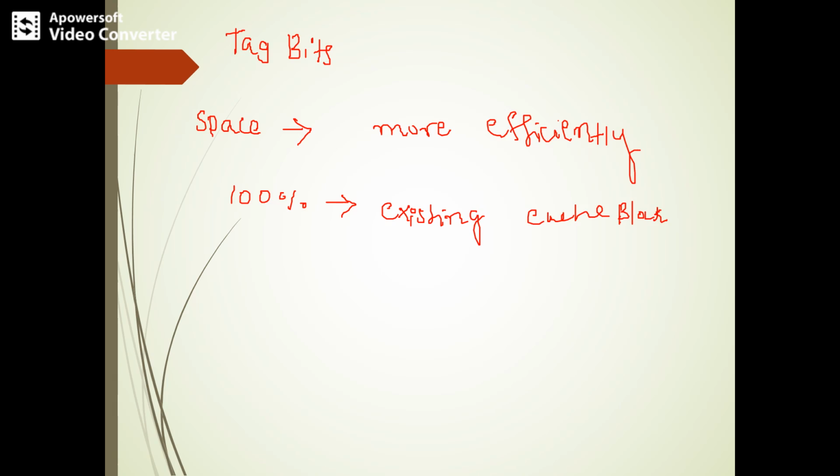Since we do not attach a specific cache block to any main memory block, we need an algorithm to replace an existing cache block. So we need to use a replacement algorithm, which may be either LRU or MRU.